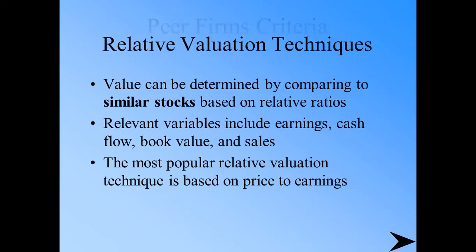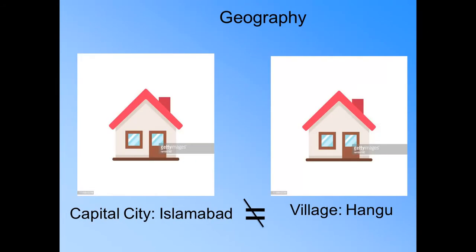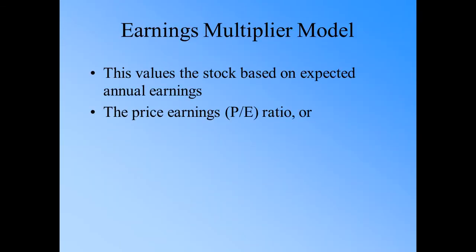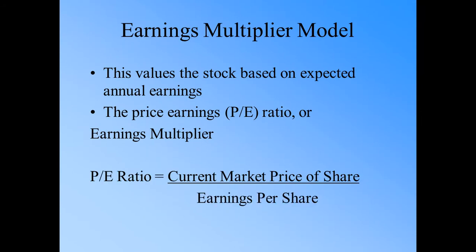But first, let me explain why we are going to consider similar stocks. Why not consider a single stock for the valuation of a single firm? This is the example of the formula of the price to earning ratio.